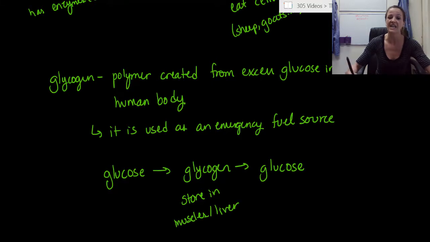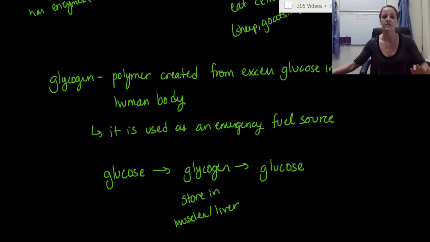So it's very, very easily accessed by the human body whenever we're in an emergency situation. So if you start to get lightheaded or something like that, your body is going to instantly kick in and say, we need another fuel source, and it uses the glycogen, and very, very quickly it breaks it down from glycogen to glucose. And so we just keep that in our muscles and liver, which is really kind of neat.